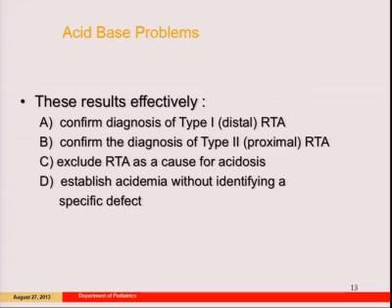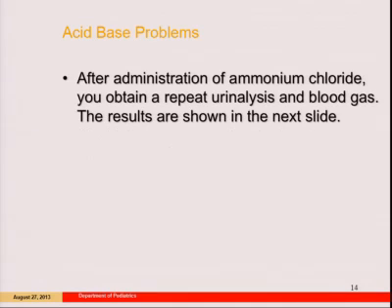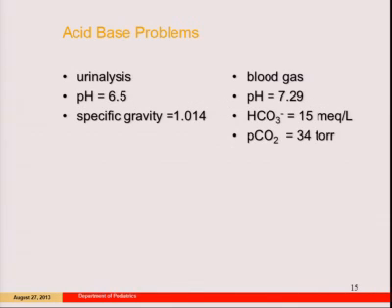Actually, you're a little ahead of yourself in terms of D being the answer I was looking at, and we'll look at that. Then you administer ammonium chloride and make him more acidotic. And repeat urinalysis then shows a pH of 6.5 with a blood pH of 7.29, a bicarb of 15, and a PCO2 of 34.